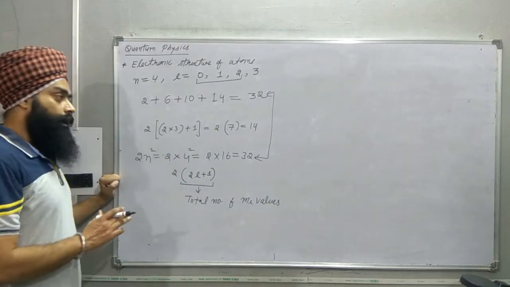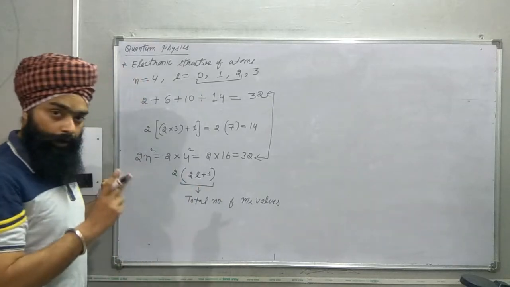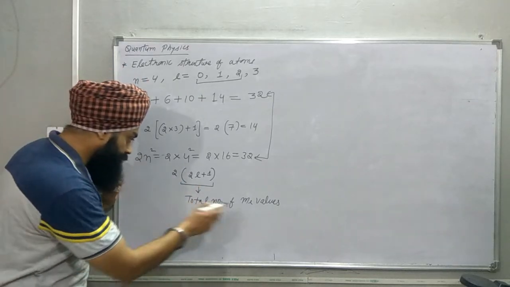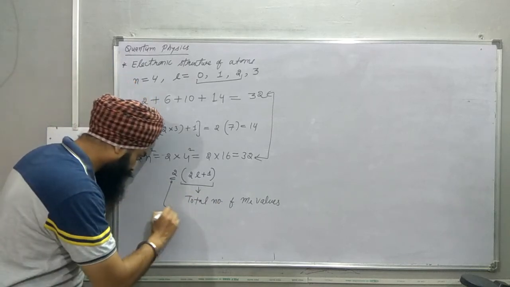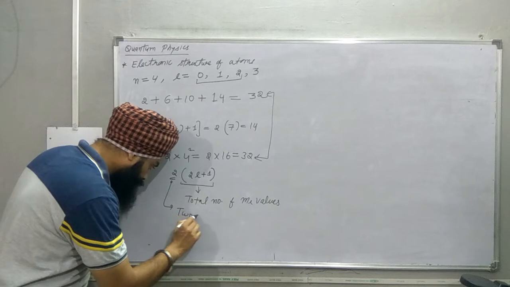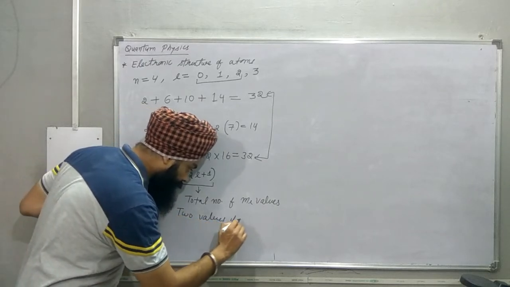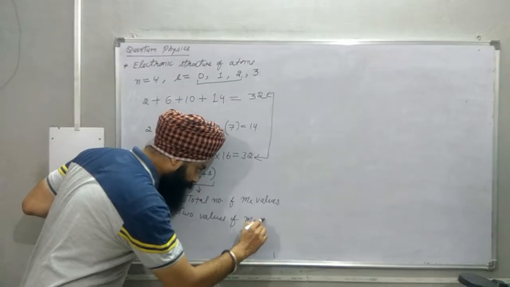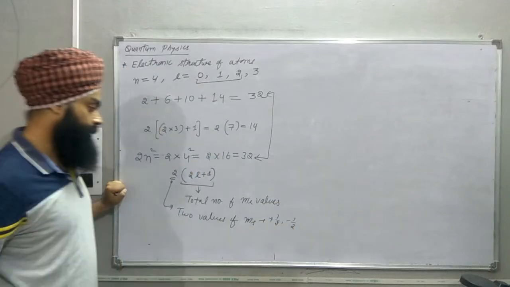I have already explained that for each ml value there are two ms values, so that's why each value of ml is multiplied by 2. This represents the two values of ms, which are plus half or minus half.